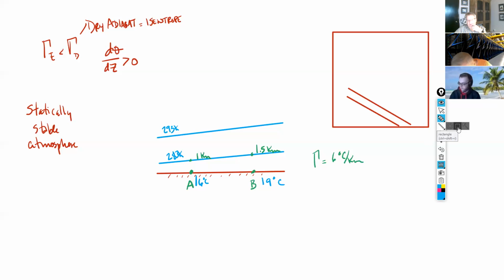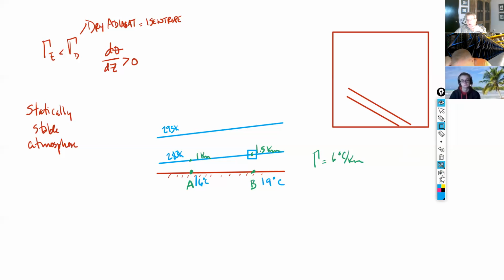Because if I put a box there and I bring it down 1.5 kilometers to the ground, assuming the lapse rate's the same in both places. Oh, okay. But what if the lapse rate's not the same in both places?